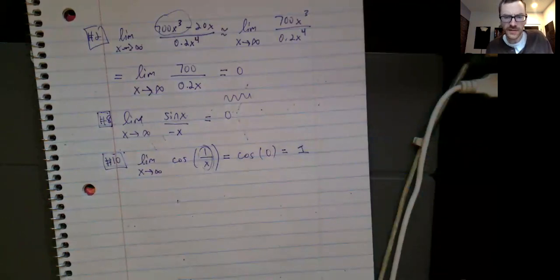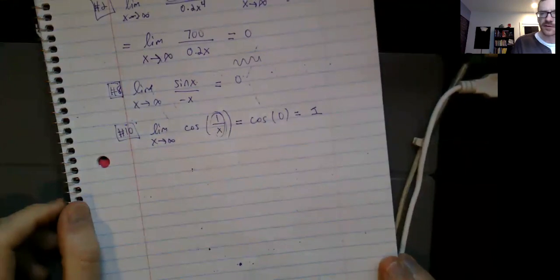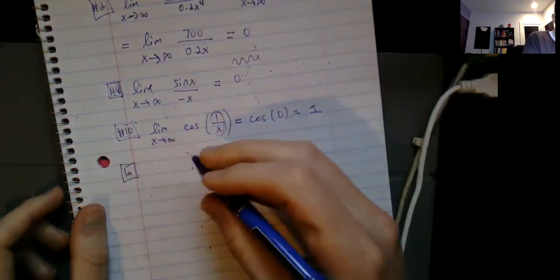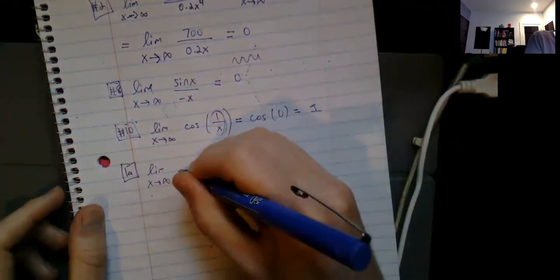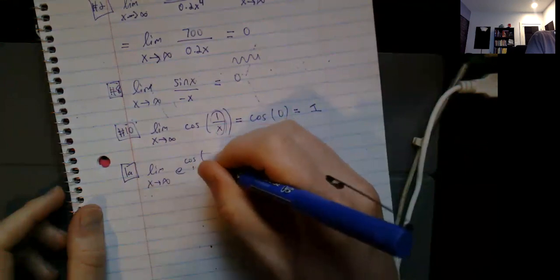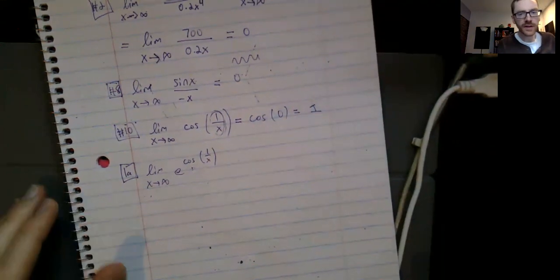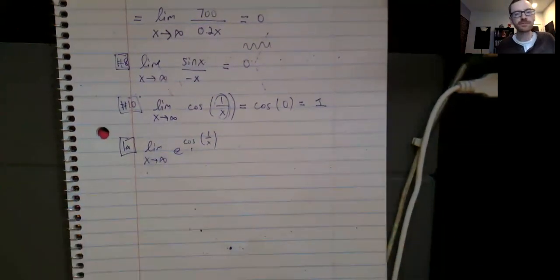But let's jump ahead to something like in part 2. Let's take a look at 1a. So this is from part 2. It's very similar. It's the limit as x goes to infinity of e to the power of cosine 1 over x. So there's that expression again, cosine of 1 over x, just like in the last problem, but now it's sitting inside of an exponential.